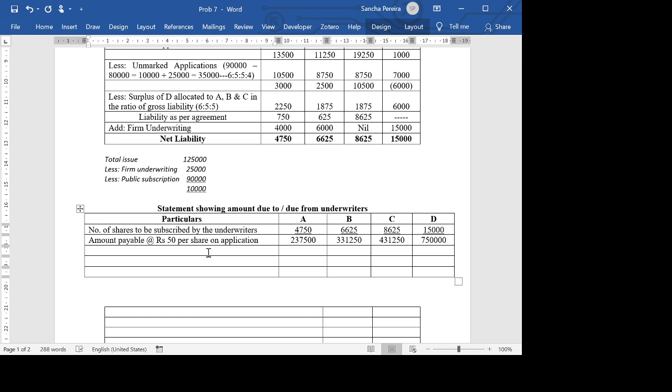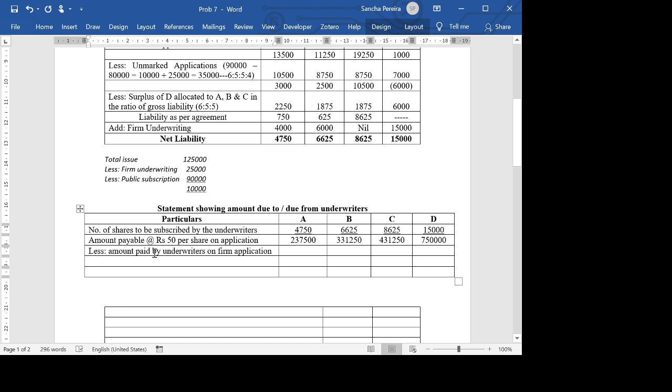So from this total amount, we need to minus the amount that has already been paid by the underwriters on firm application. So we say less amount paid by underwriters on firm application.